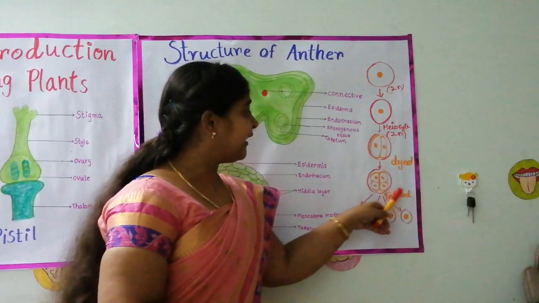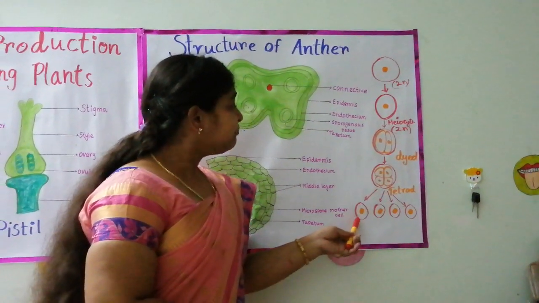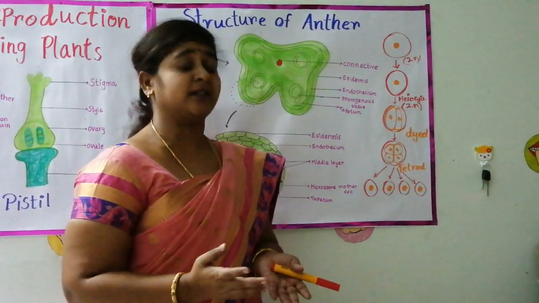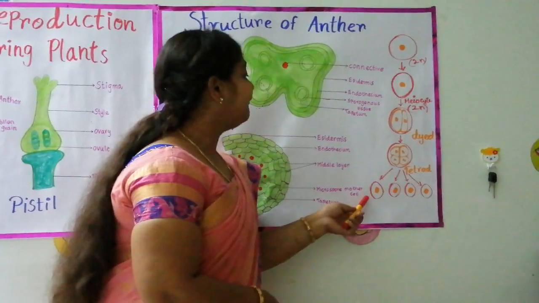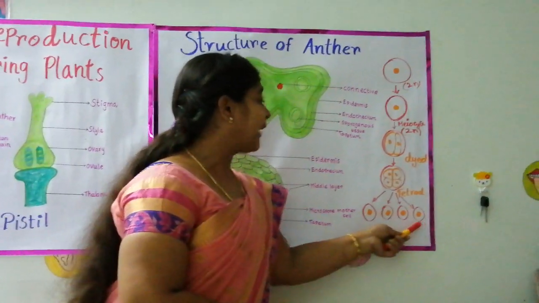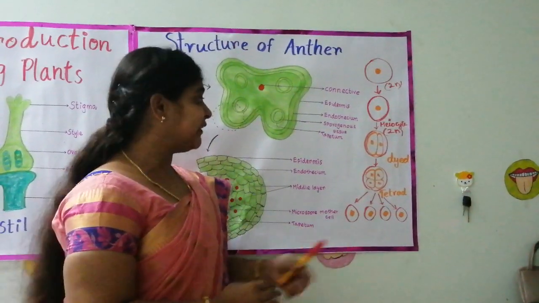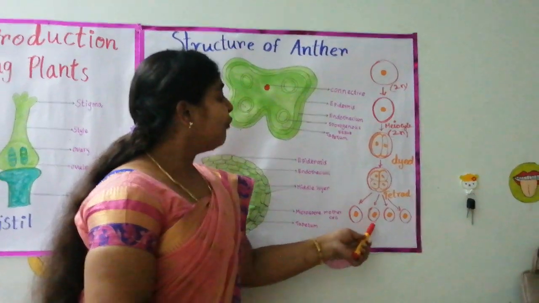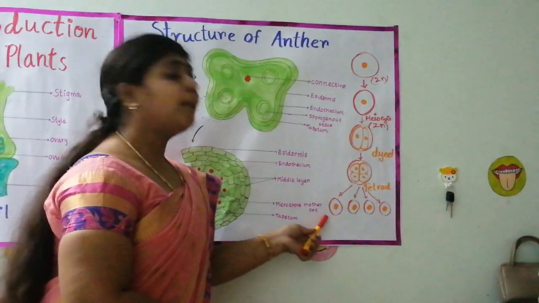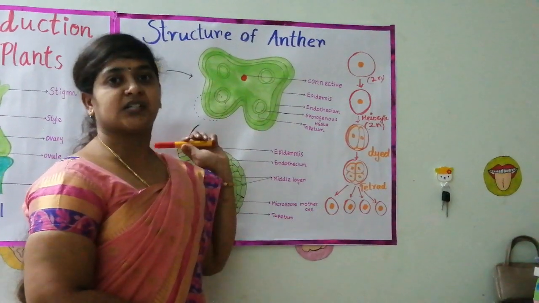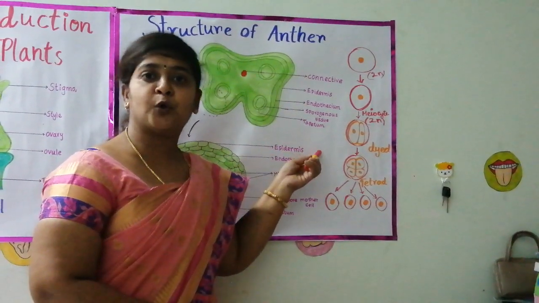After that, the pollen tetrad degenerates, dissociates and forms the 4 haploid pollen grains. So this is about the structure and microsporogenesis.